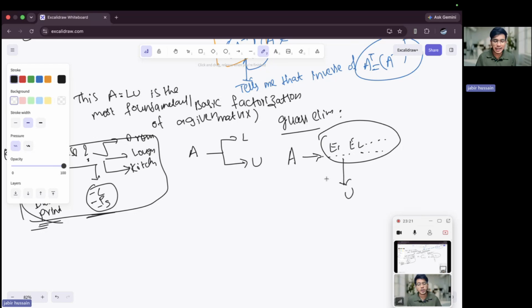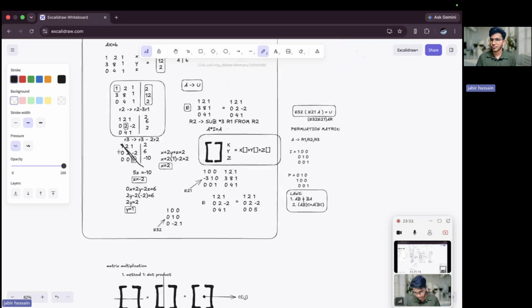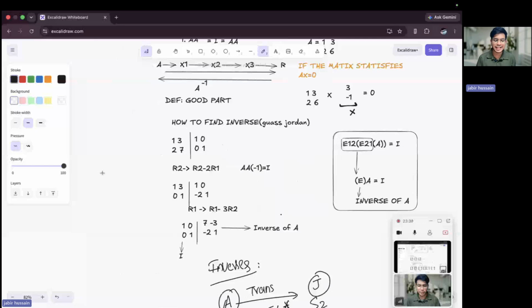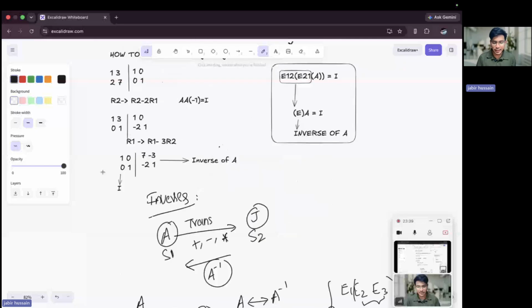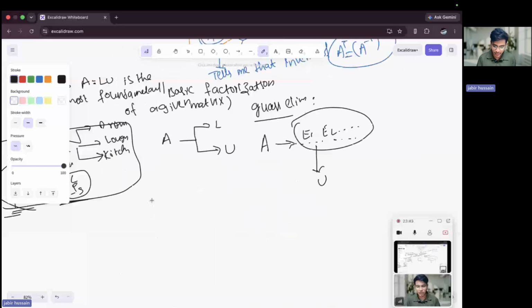U is basically an upper triangular matrix in which all the elements underneath the diagonal are zero. If you draw a diagonal, all the elements below the diagonal will be zero. So this is my upper triangular matrix. In Gaussian elimination I'm taking A and I keep on performing operations until I get U.